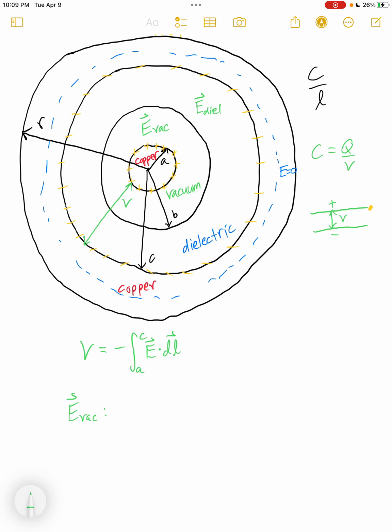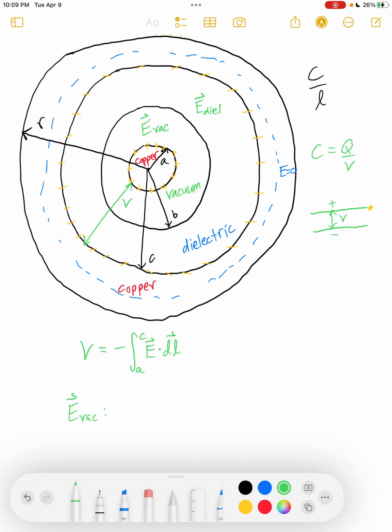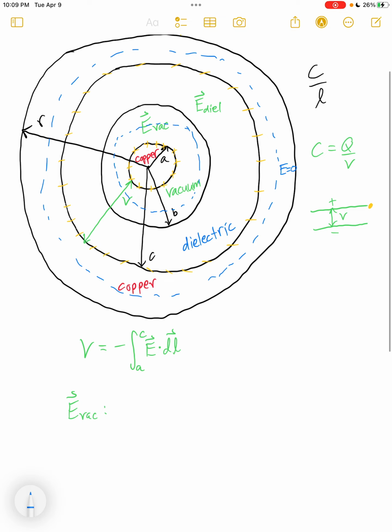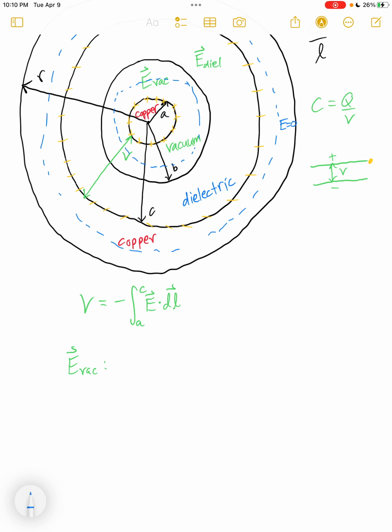To do that, what I'm going to do is draw a Gaussian cylinder, because we're going to use Gauss's law. Here's good old Gauss's law. Using the Gaussian cylinder I've drawn in blue as my Gaussian surface, note that this is equal to Q enclosed over epsilon naught.